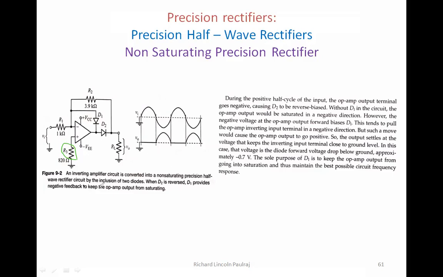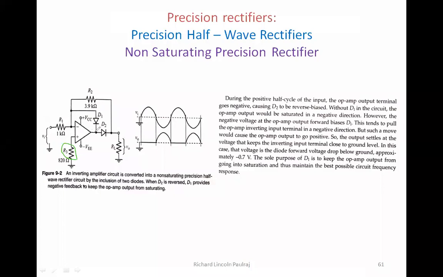So the inverting circuit is converted into a non-saturating precision half-wave rectifier circuit by the inclusion of two diodes, D1 and D2. When D2 is reversed, D1 provides negative feedback to keep the op-amp output from saturating. Because of this setup, we can have the negative feedback, and that is done with the help of diode D1.